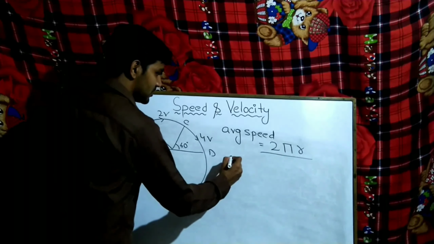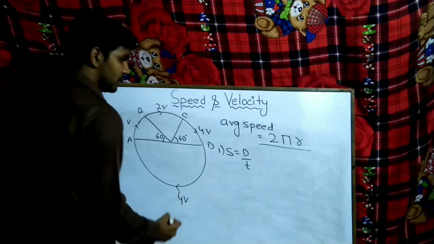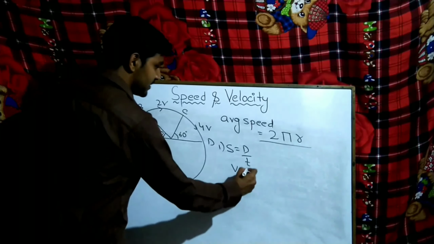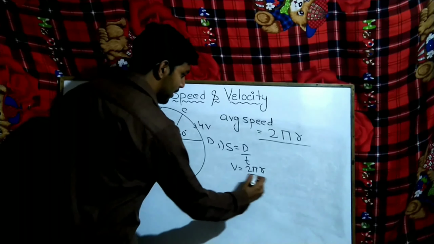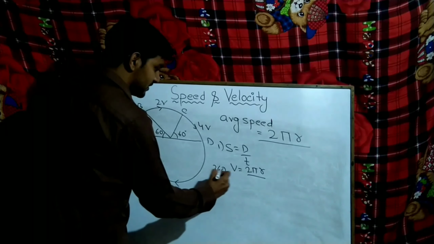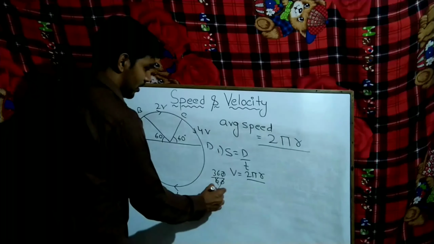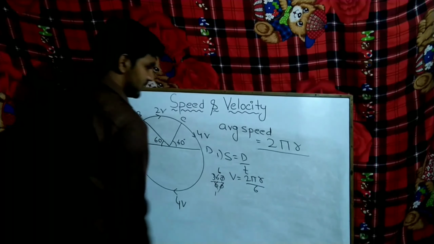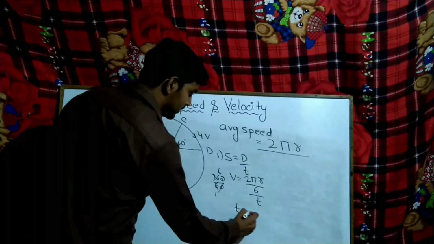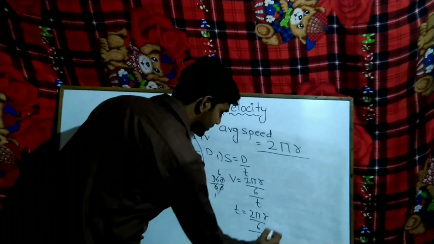See, speed is equal to distance by time. This is the first one I am doing. Speed is v. Distance is 2 pi r by 6, as I already said, 360 by 60, we get this part from A to B. So time t becomes 2 pi r by 6 by v. This is the first one.